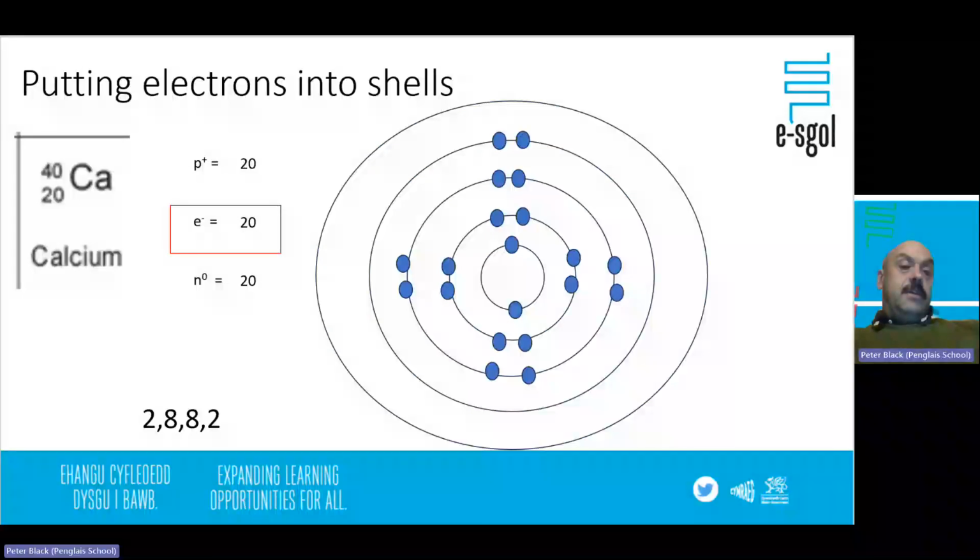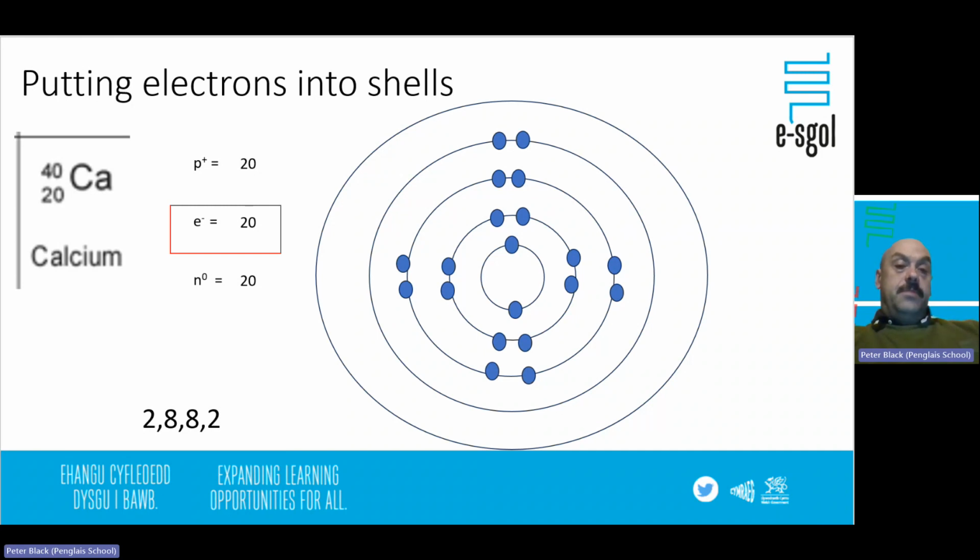So let's take our 20 electrons. We're going to start putting them in the shells. So we can put 2 of those electrons in the first shell, and that shell is now full. No more room. So that allows us now to move on to our next shell, which can have another 8 electrons. Okay, so far I've put 10 electrons in. I've still got 10 to put in, but there's no room on these shells here.